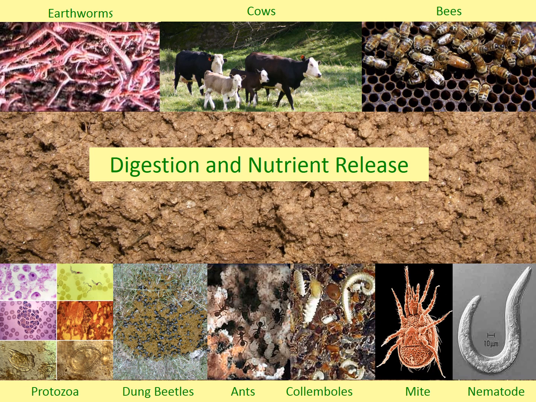You look at this in the bottom panels, and there's several different kinds of things. Your protozoa, your dung beetles, your ants. You've got collembola. These are your little pill bugs, your centipedes, those kinds of things. Segmented arthropods. You have mites. You have nematodes. You look at this soil here, and boy, is it riddled with holes, most of which are so small you can't really see them, but some of which are quite large, must be earthworm holes or beetle holes or something of the sort.